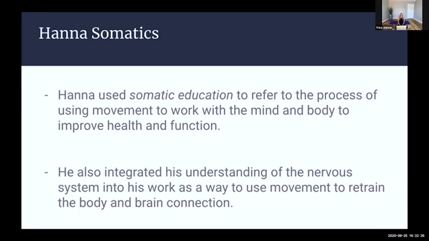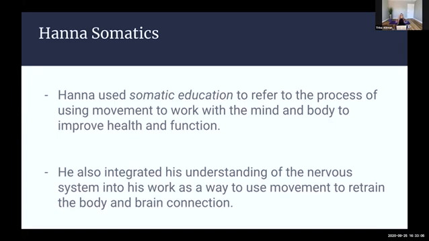So Thomas Hanna also integrated his understanding of the nervous system into his work as a way to use movement to retrain the body and brain connection. Now, again, I'm going to say that again. He integrated his understanding of the nervous system. So when I took my 200-hour yoga teacher training, the first thing we learned about the nervous system was parasympathetic versus sympathetic, and rest and digest versus fight or flight.